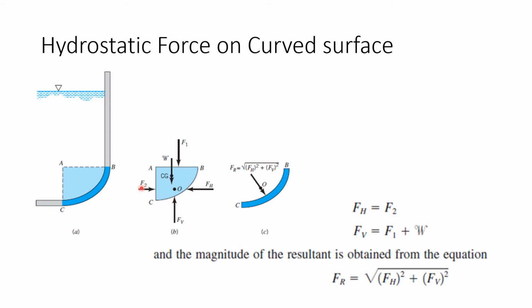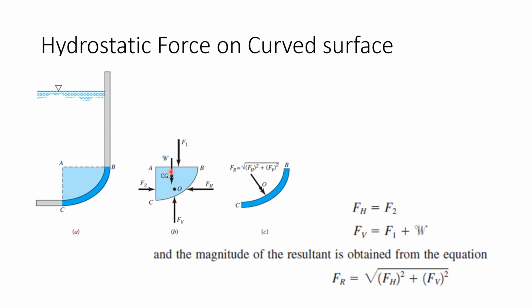The horizontal force is equal to the force which is acting on this plane AC, and the vertical force is equal to the sum of the vertical force which is acting on this plane AB plus the weight of this half semicircular water.